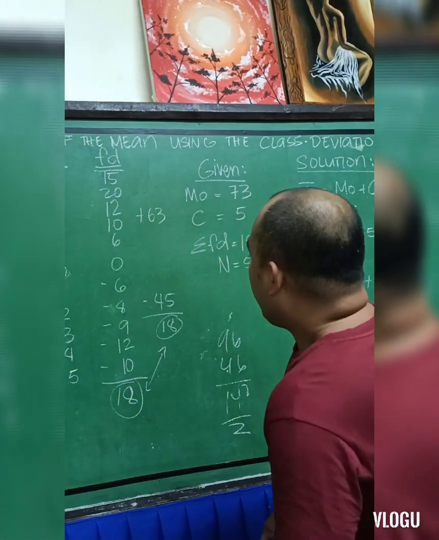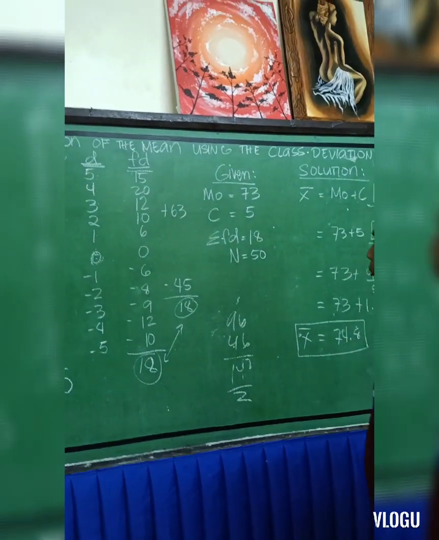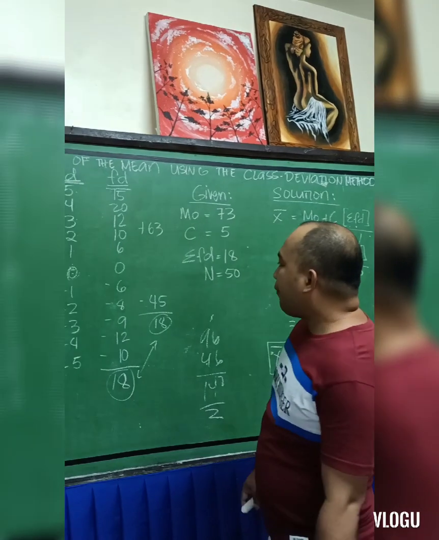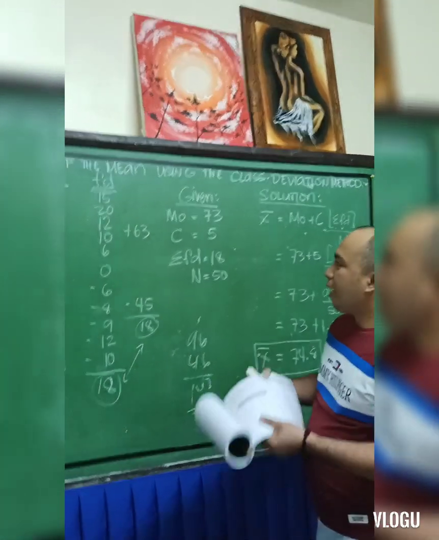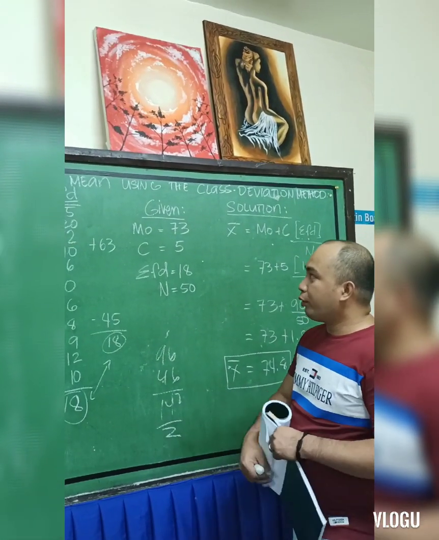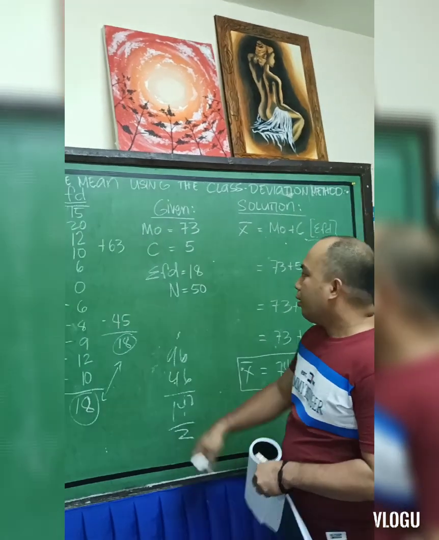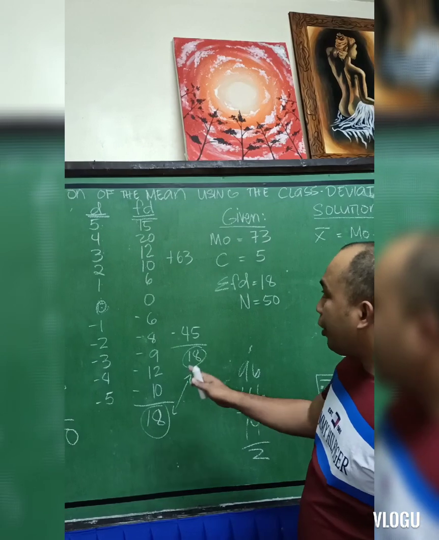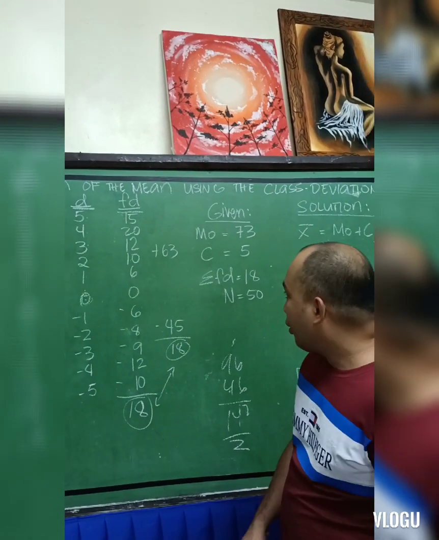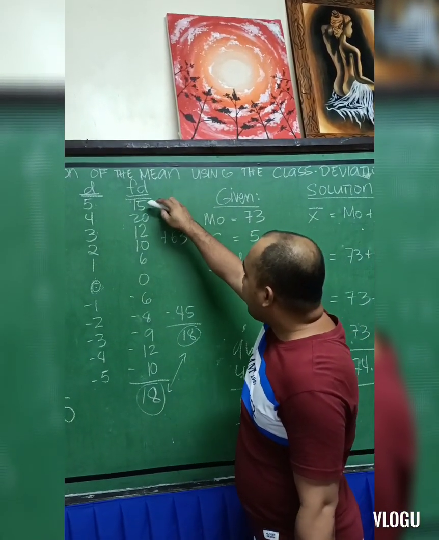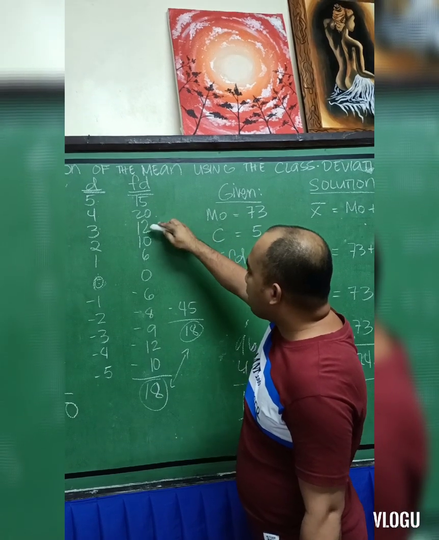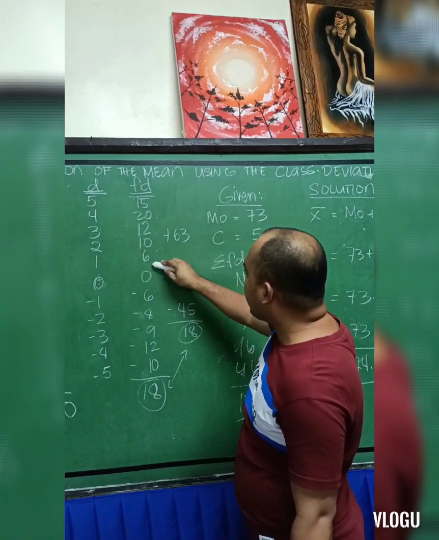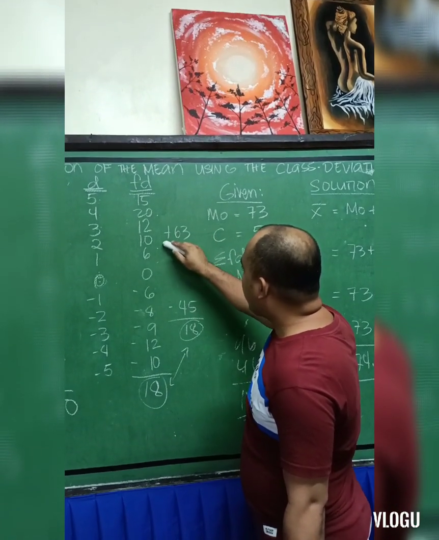Okay. Now let's have the addition and subtraction to get the sum of the product of frequency times deviation. First, we add 15 plus 20 plus 12 plus 10 plus 6, we have positive 63.